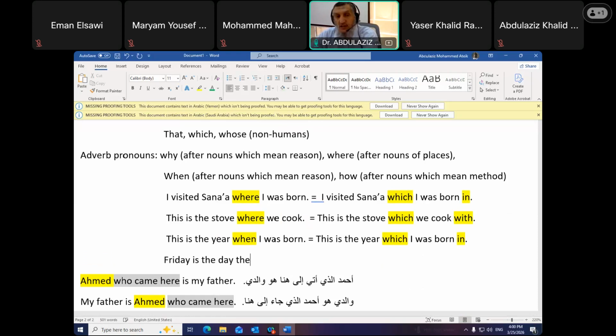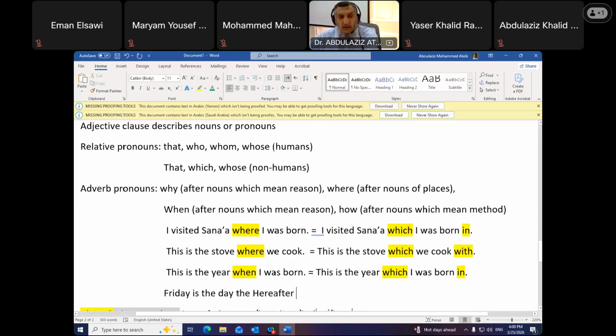the hereafter is going to be. You know the meaning of hereafter? Do you know the meaning of hereafter? This is the day when the hereafter is destined.